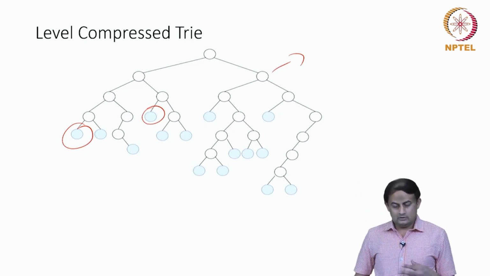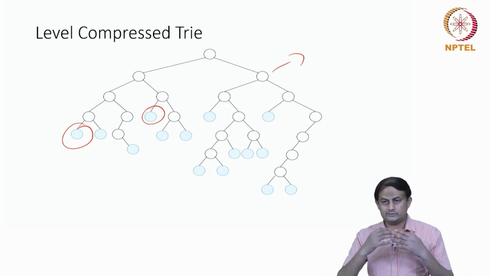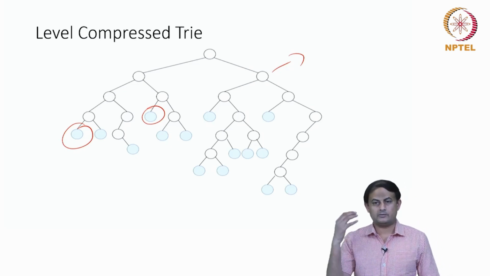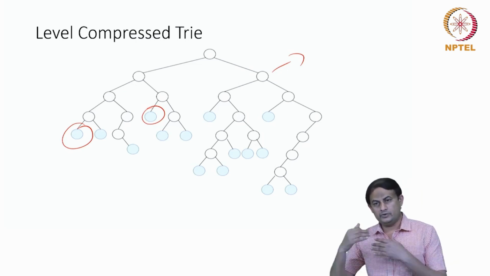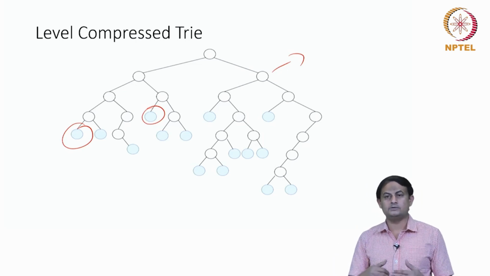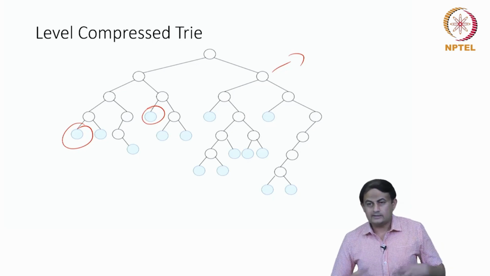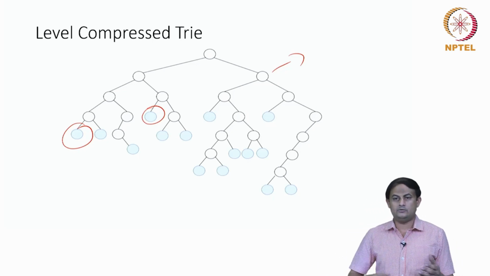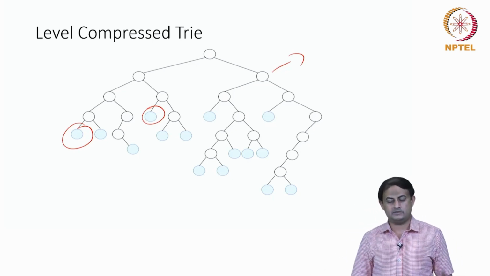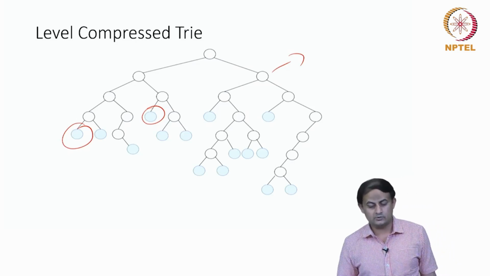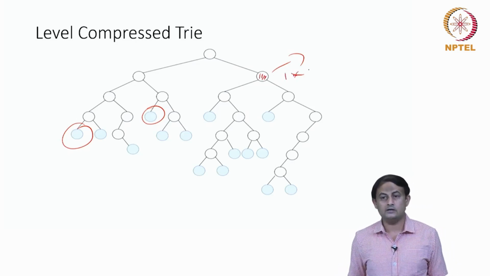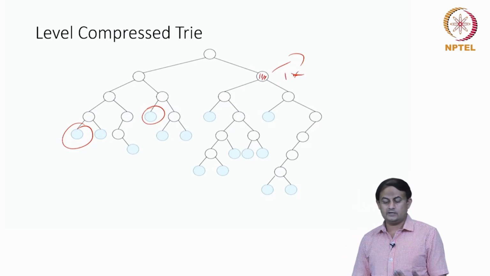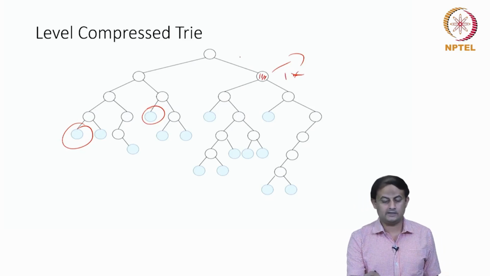And it is possible to convert any arbitrary trie structure where the marking is done at the intermediate level to a trie structure where the marking is only at the leaf nodes. And the simple answer to how to do the conversion is to do the expansion. For example, if this node is marking 1 star, I can push this marking down by doing an expansion of anything that is starting with 1.